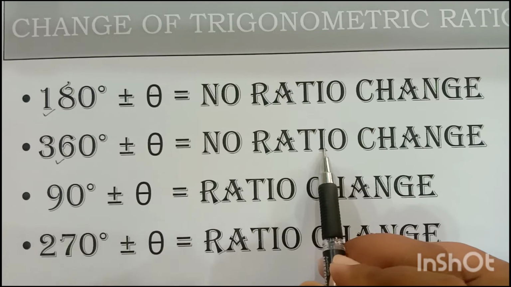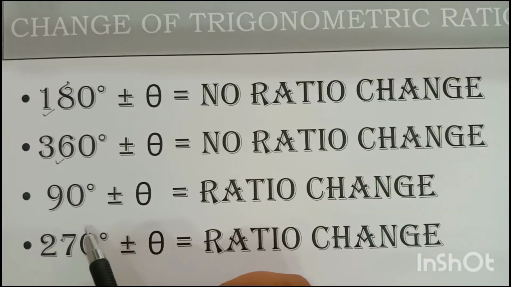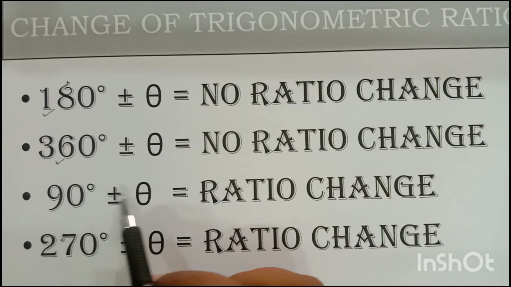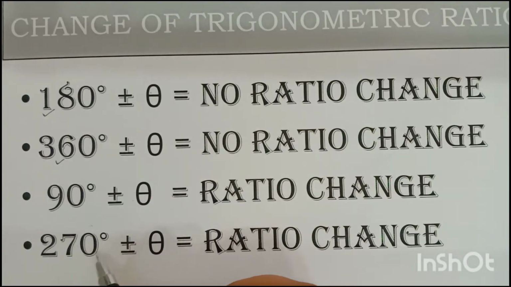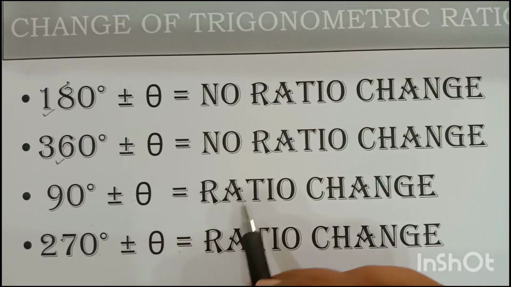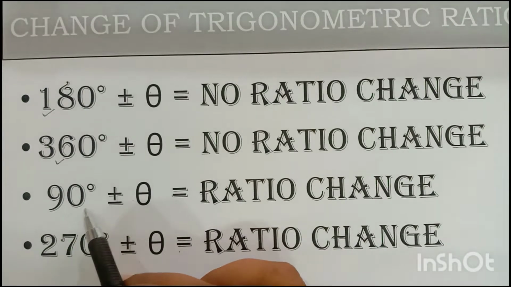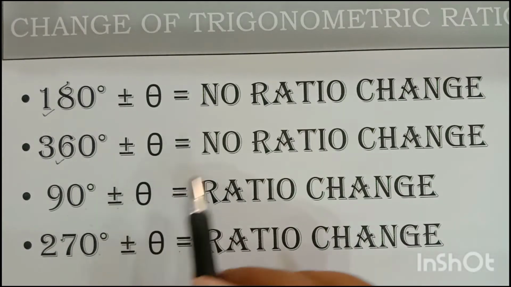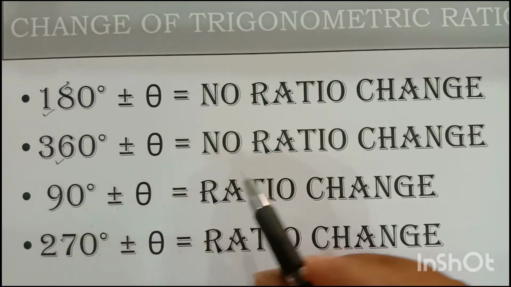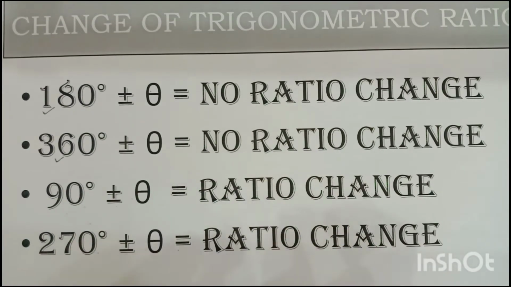Similarly, if we write 90 plus or minus theta, 270 degree plus or minus theta, then the ratio changes. For example, if I write sine 135 degree as sine 90 degree plus 45 degree, then that will not be equal to sine of some angle. No, that changes to cos of something.